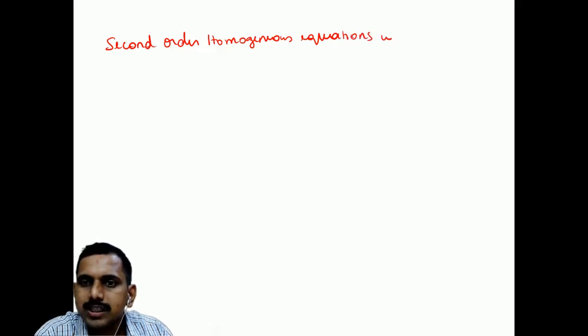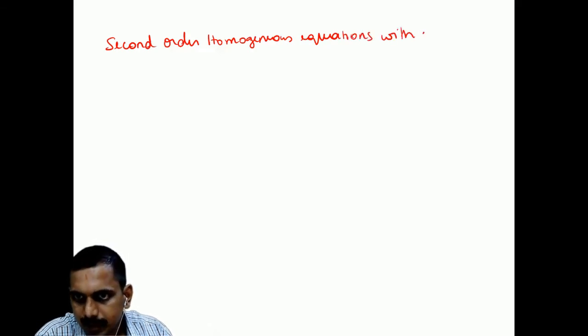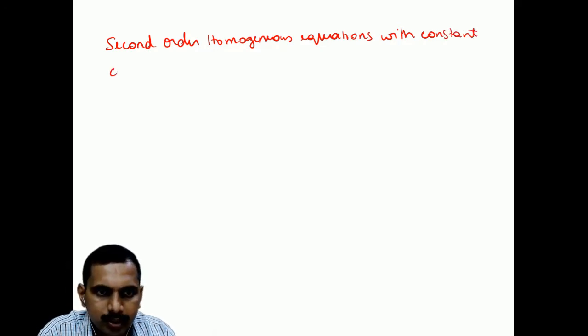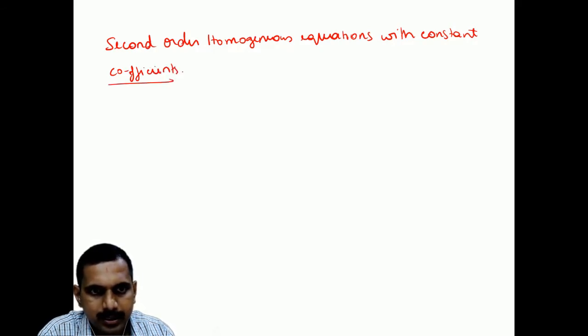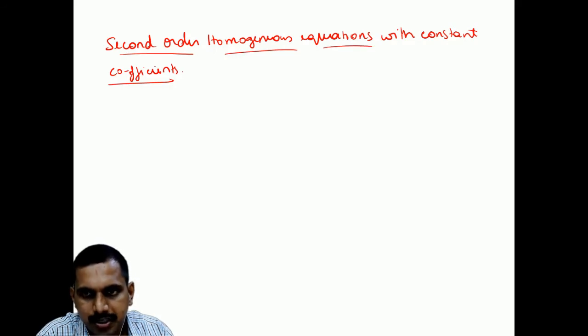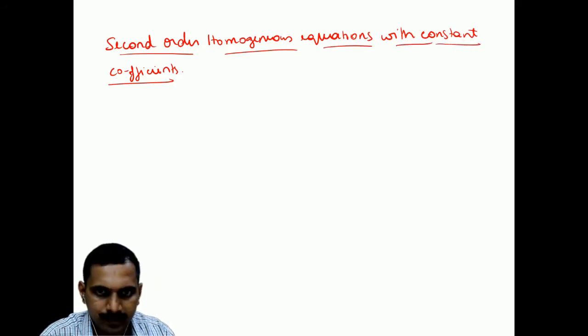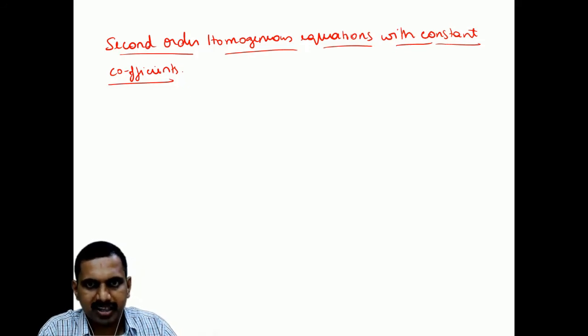Second order homogeneous equations with constant coefficients. Let us see this. Now constant coefficients, it's not a function of x, is it not?